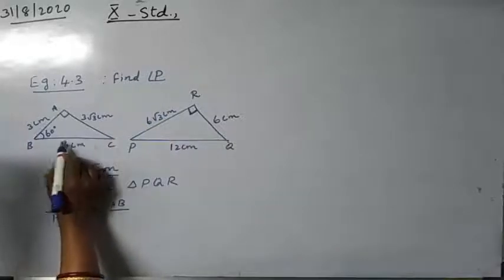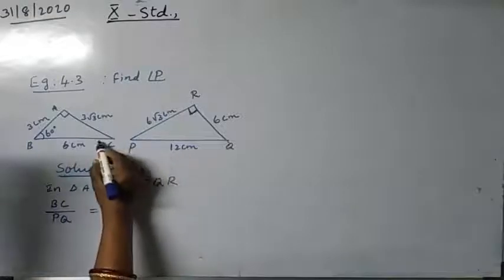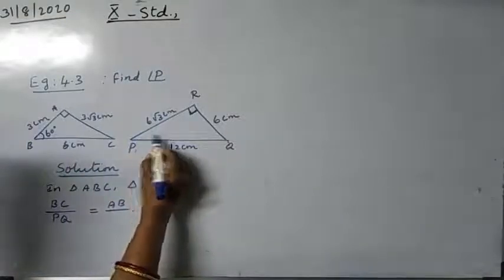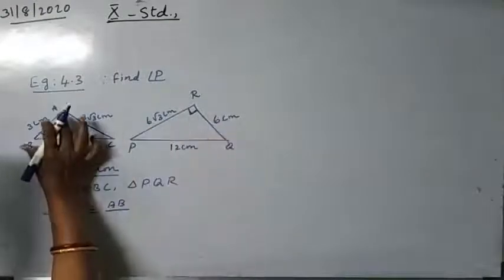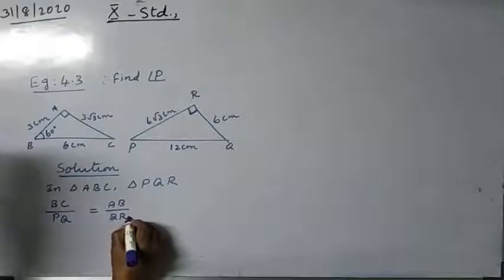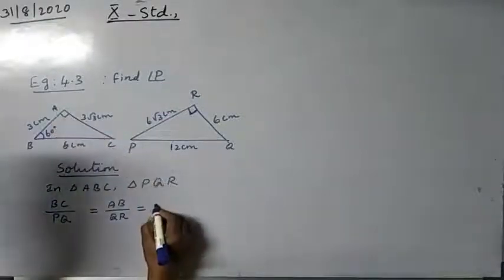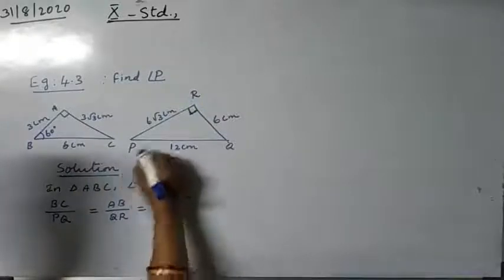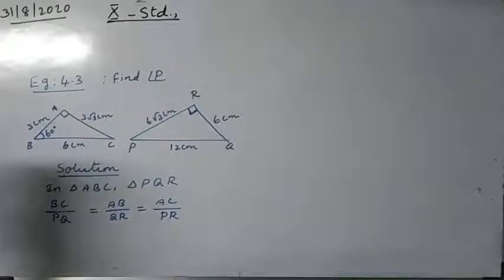Now this angle P and angle C, and angle P is common. So 3 and 6 is proportional. AB is proportional to QR, and AC is proportional to PR. Take it so that the root cancels.